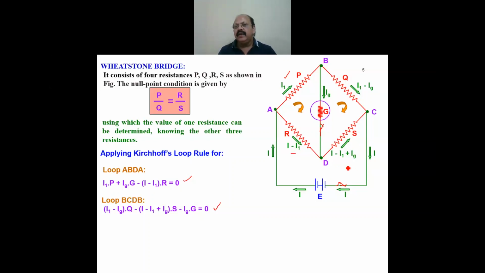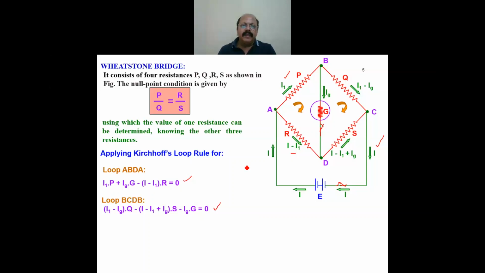And when the current reaches junction C, again you apply KCL. I1 minus Ig is coming through the arm BC, and I minus I1 plus Ig is coming through the arm DC. When you add them, you get only the current I. So it means your current distribution is correct.